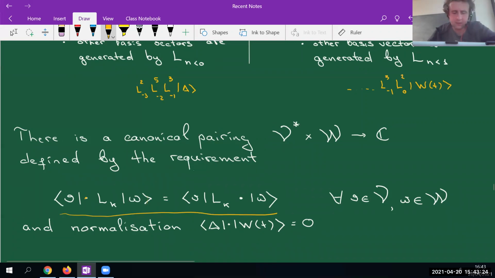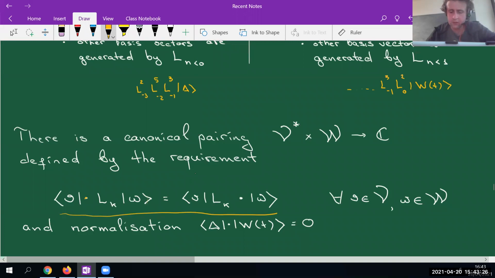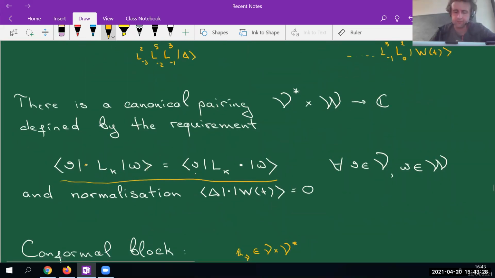So this may sound a little unclear if this is the first time that you see this type of computation.